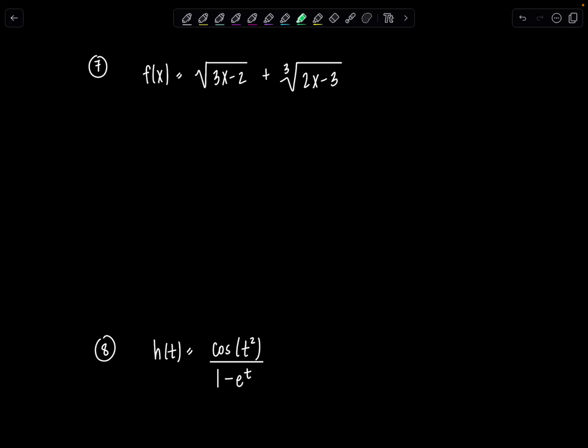Ooh, here's another one. Okay, so f of x is square root of 3x minus 2 plus cube root of 2x minus 3. So these are radical functions. I know the first one has an even index because there is nothing written there, which means it's a 2. So I need 3x minus 2 to be greater than or equal to 0.